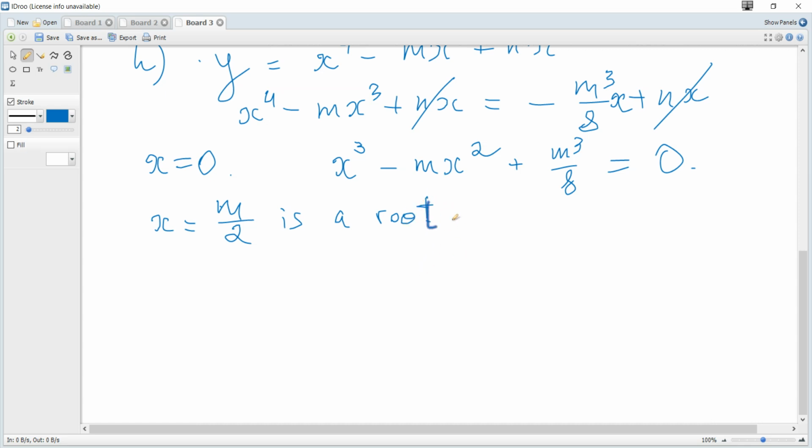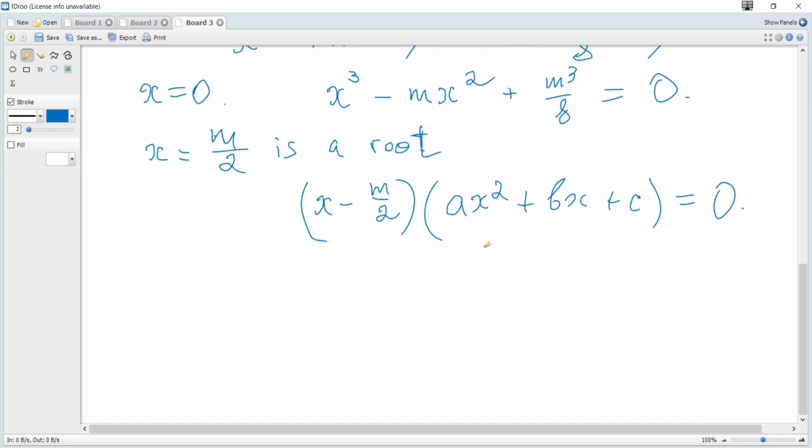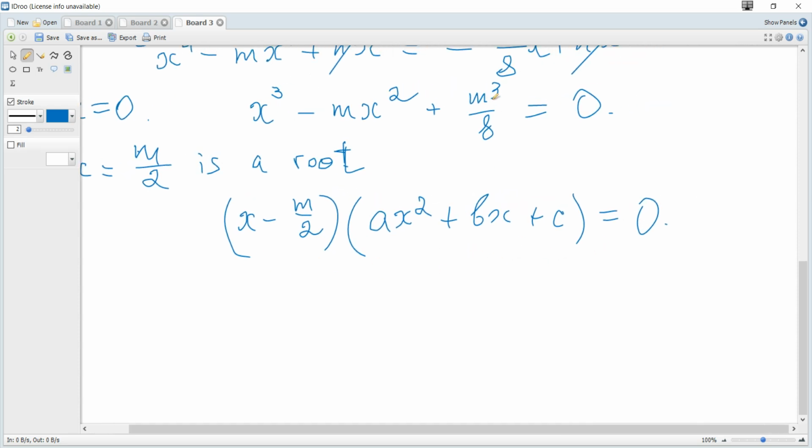What does it mean? This polynomial can be rewritten as x minus m over 2 multiplied by a polynomial of degree 2, ax squared plus bx plus c, and it's equal to 0. I will use synthetic division, but you may just expand it and equate coefficients in front of the same powers of x.